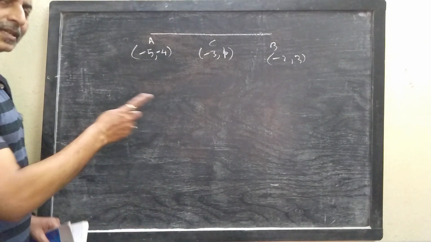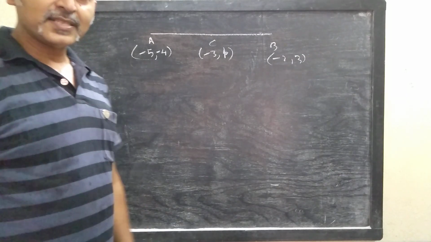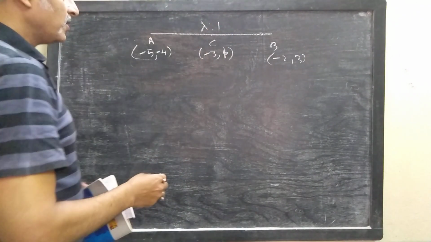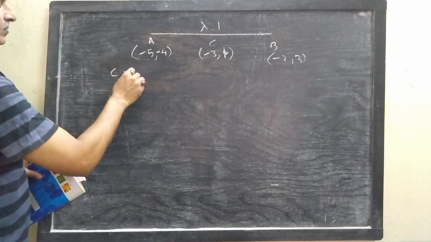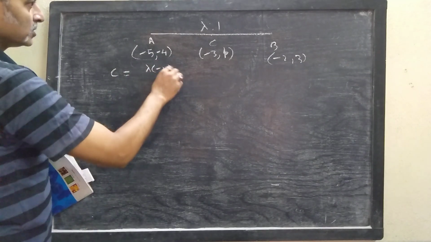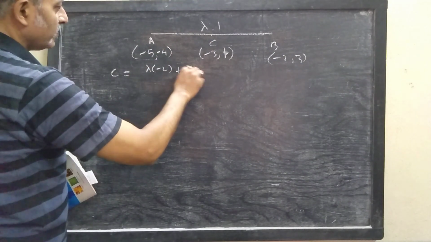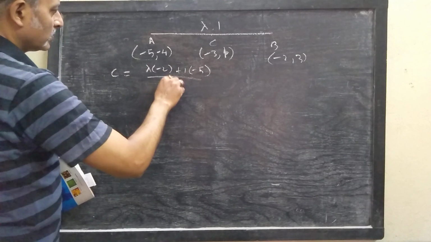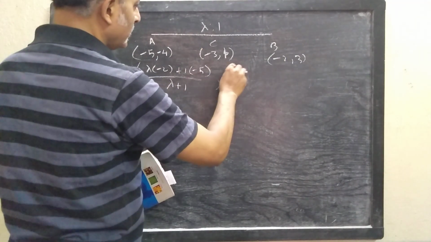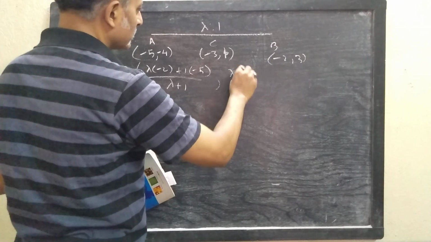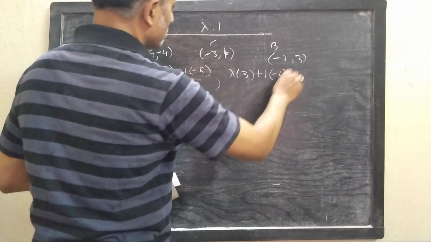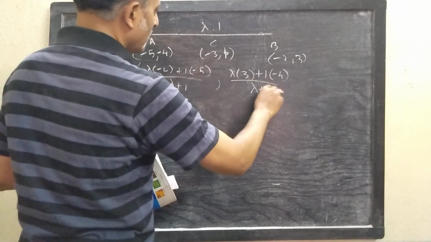So first, write down: let C divide AB internally in the ratio lambda is to 1. Then the coordinates of C will be lambda into minus 2 plus 1 into minus 5 by lambda plus 1 comma lambda into 3 plus 1 into minus 4 by lambda plus 1.